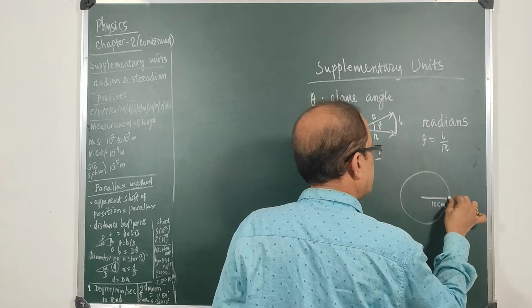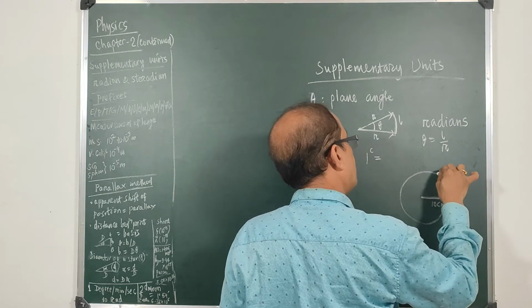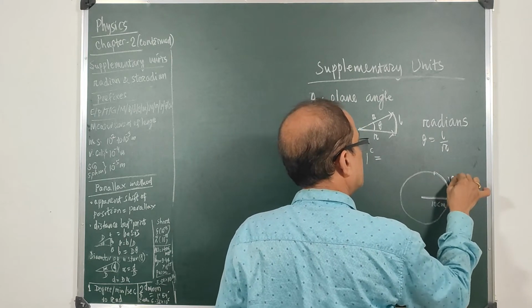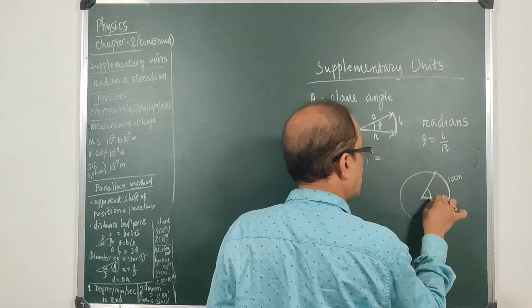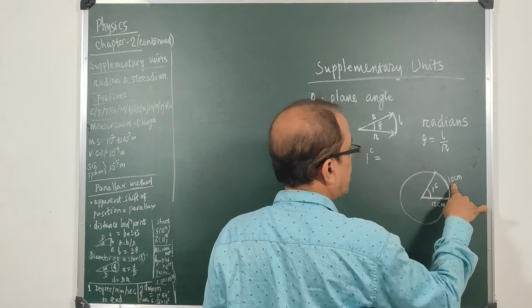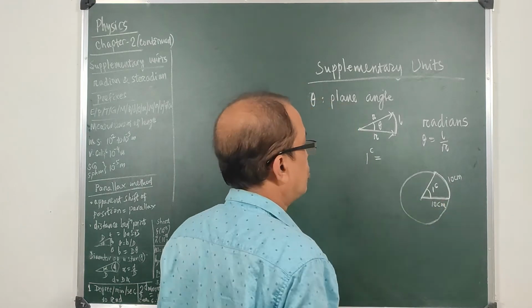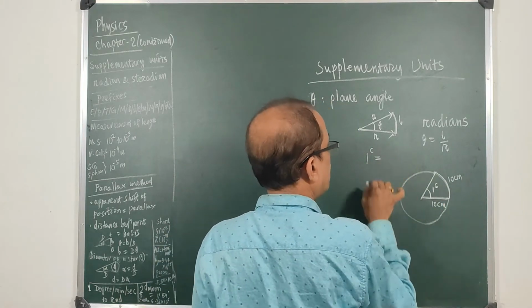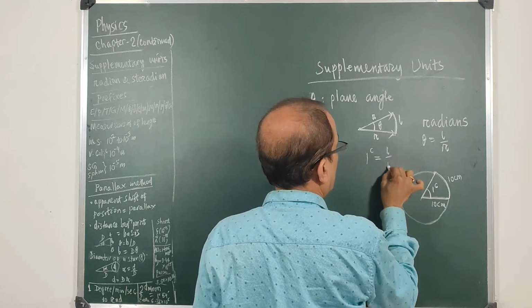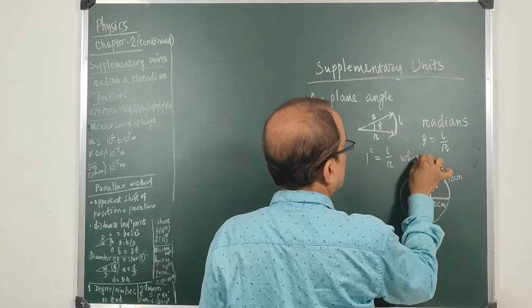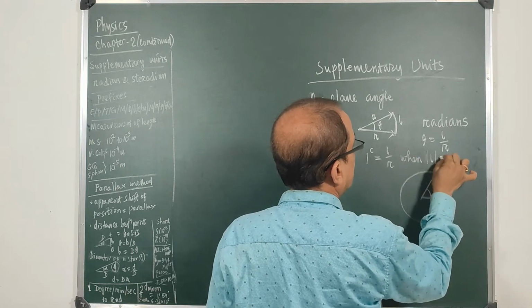So we take 10 centimeter along the arc up to this point and connect the point. Then this angle has to be 1 radian because L upon R is 1. So 1 radian comes when L is equal to R.